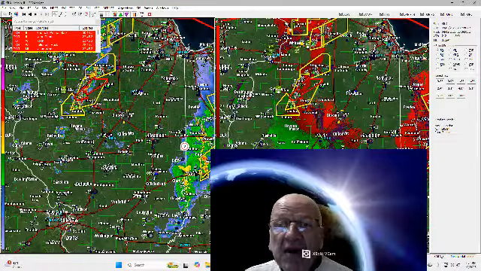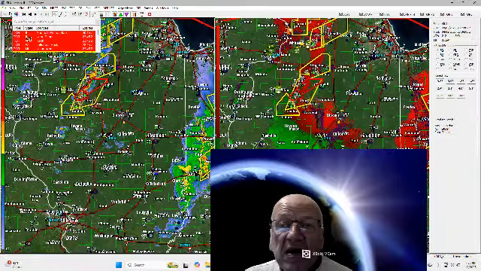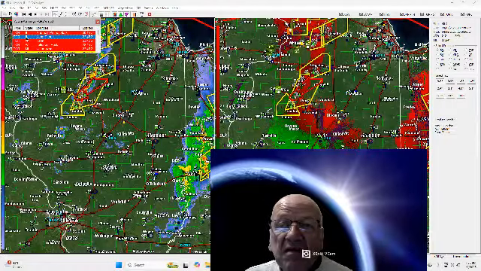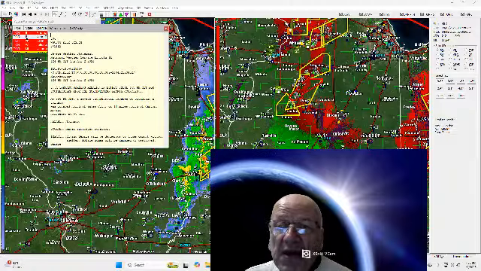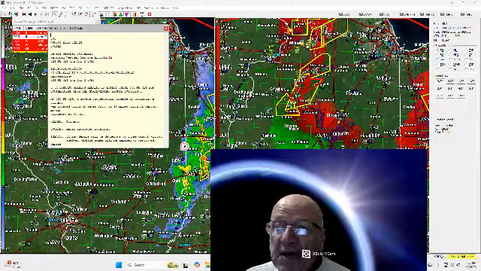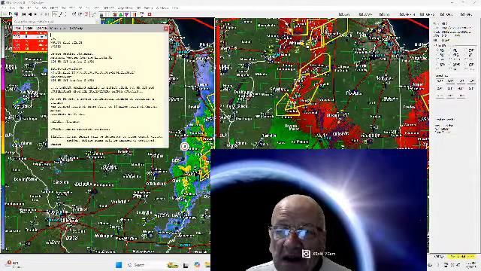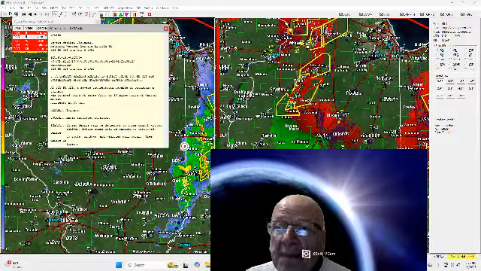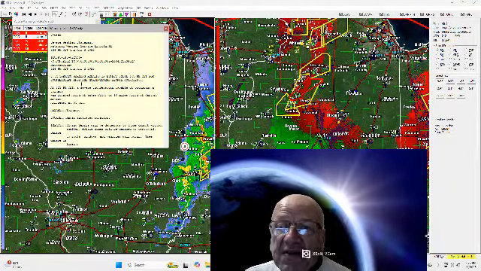Then we have another one in effect until 6:45 p.m. Central Daylight Time, and this is in effect for southeastern Knox and northwestern Peoria counties.